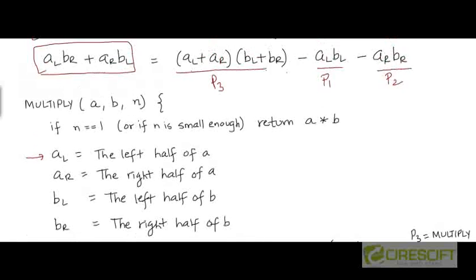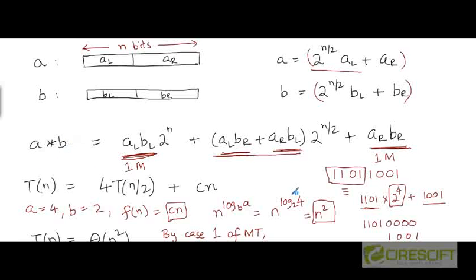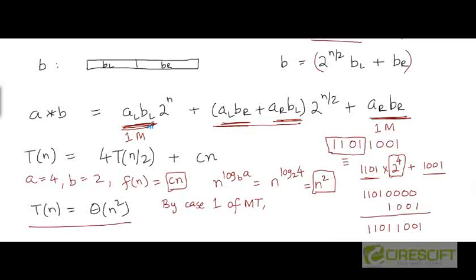Now, in order to compute and return this product of A and B, we need to combine these three products P1, P2 and P3 into the overall result. So we'll take P1, we'll multiply it with 2 to the power n. This is P1, this is P2, this is P3. So we'll take P1, multiply it with 2 to the power n, or equivalently shift the number to the left by n bits, or append n zeros to the right of this number P1.